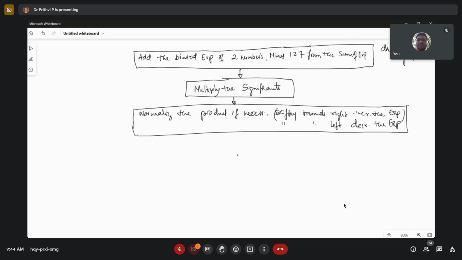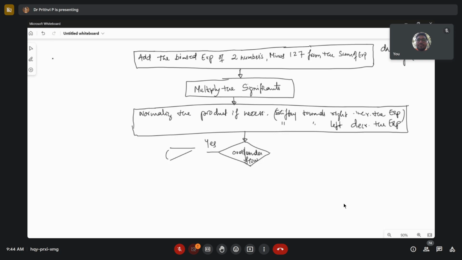Okay, next one, check for the overflow or underflow. If it is there, we go for indication.